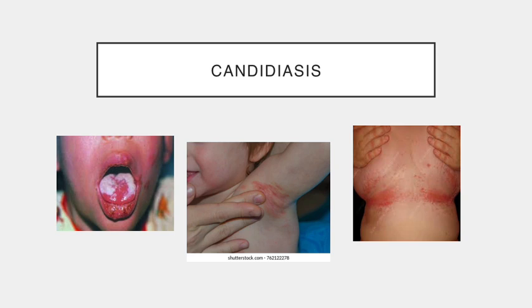People that are bedbound and children with diapers can also have these types of fungal infections, very hot, very red and moist. So these are described as localized red moist areas of rash.